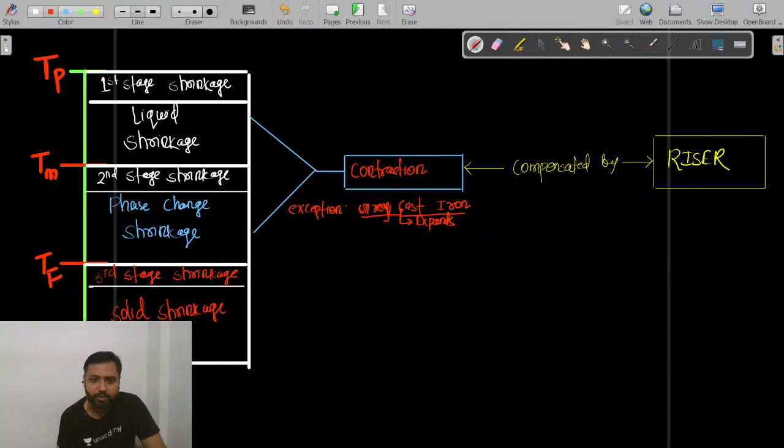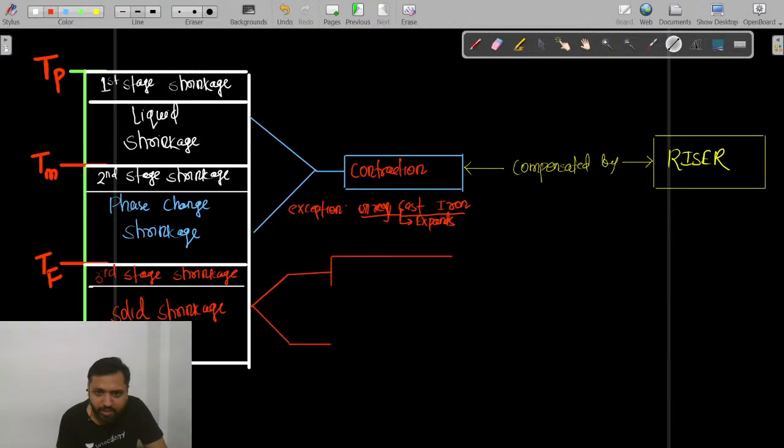Listen very carefully, dear. Mostly, my dear students, the shrinkage in the third stage will have the nature of contraction. It means when the solidified casting, which is at higher temperature, reduces in temperature, the shrinkage will be mostly contraction. It is going to contract.